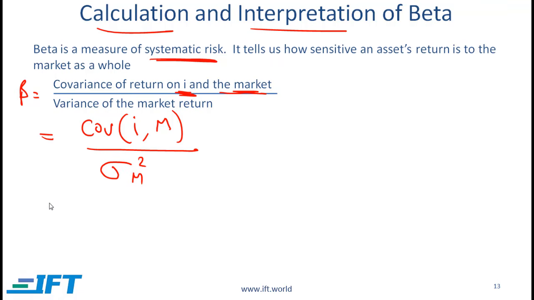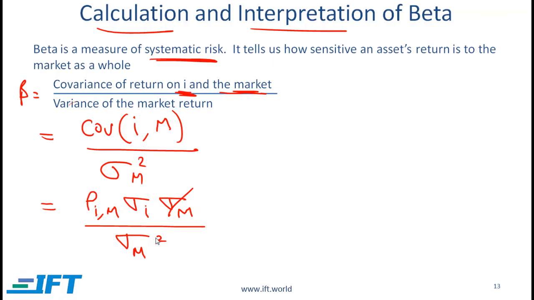This then can be written as the correlation between the stock and the market multiplied by the standard deviation of returns of stock i multiplied by the standard deviation of returns of the market. Here we have simply taken covariance and expanded it into this term, which is divided by the variance of the market.